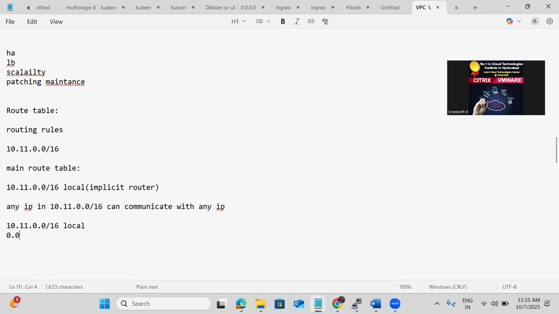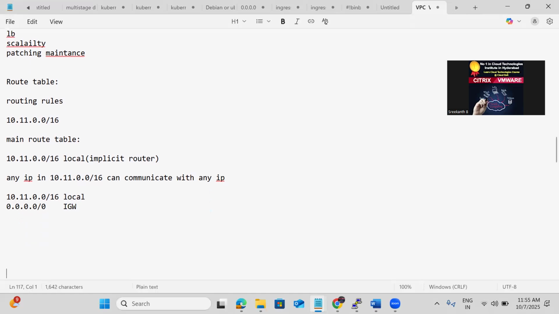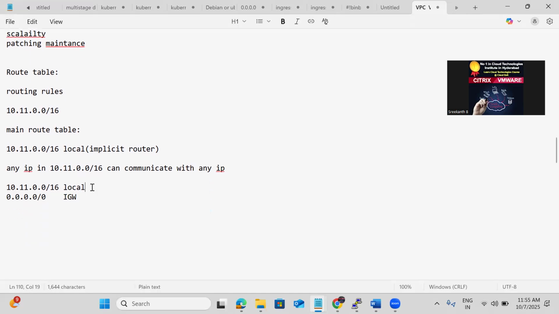Then if I add 0.0.0.0/0, this means any IP. If I attach an internet gateway, internal communication is going to happen using the local implicit router, and from the outside, if any IP comes, that is going to communicate using the internet gateway.